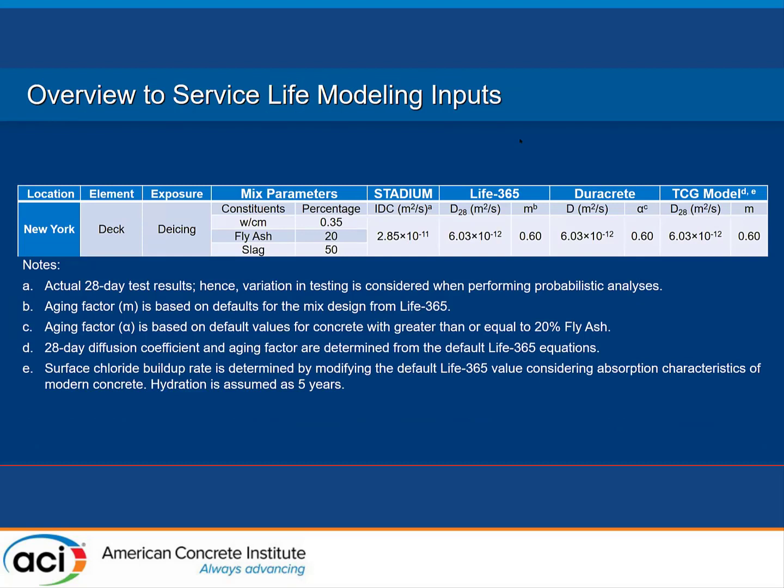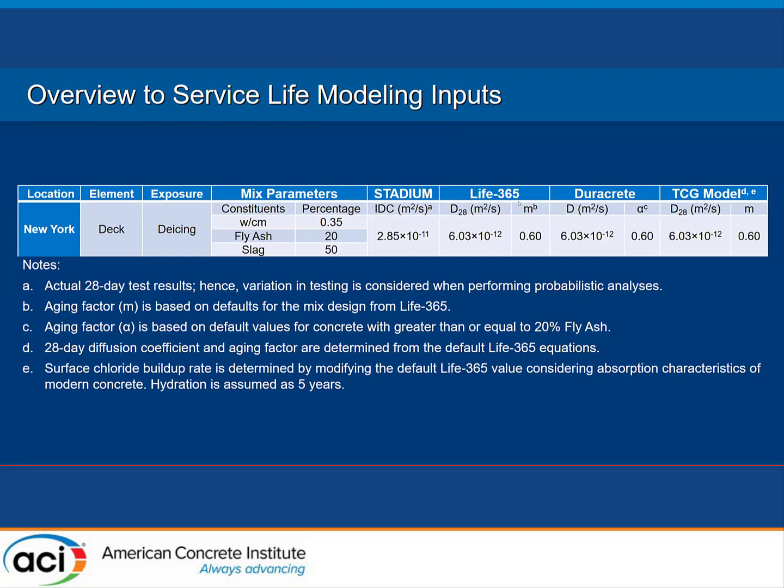Looking at service life modeling inputs for a comparison of a few, I'll use a bridge deck in New York. This one actually was part of the Tappan Zee Bridge, that mix was actually being used there. We did a Stadium analysis. We used the values from Life 365 as defaults for the diffusion. We used the same diffusion all the way across the board for Life 365, Duracrete, and the TCG model.